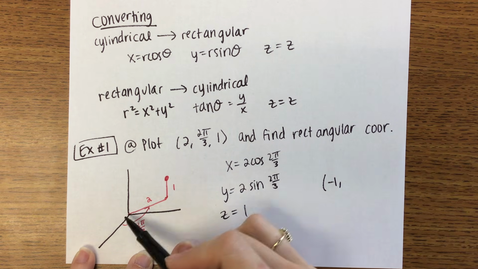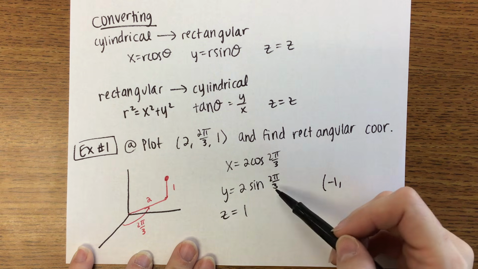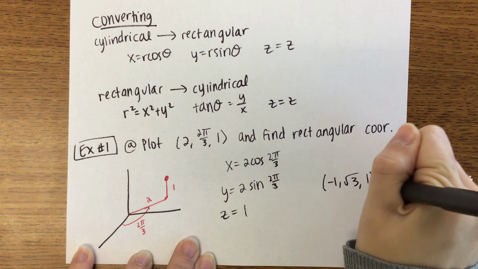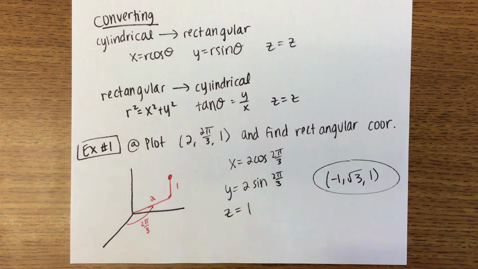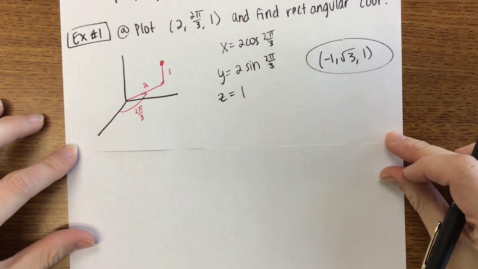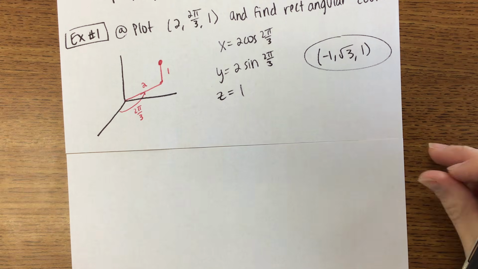Which should make sense. We can see that x is going to be negative. Sine of 2 pi over 3 is root 3 over 2. So that is our point in rectangular coordinates. Make sure that your point makes sense. So we know that x has to be negative. We know that y and z are positive. We good so far? Yeah.